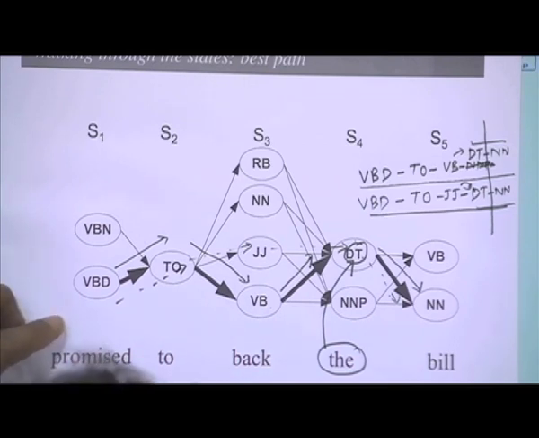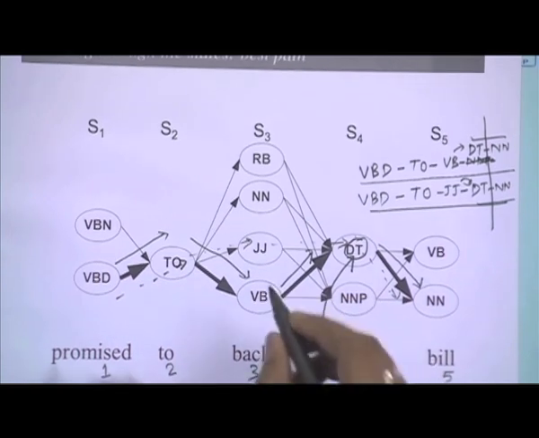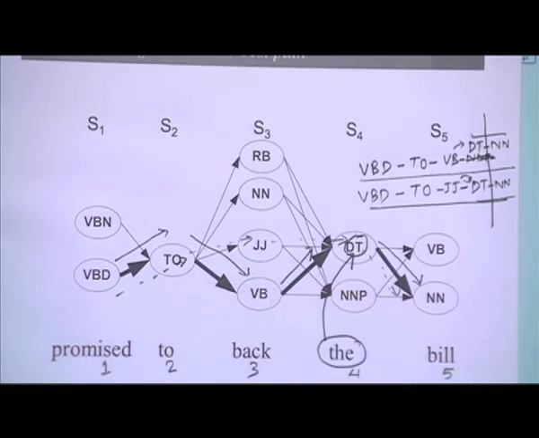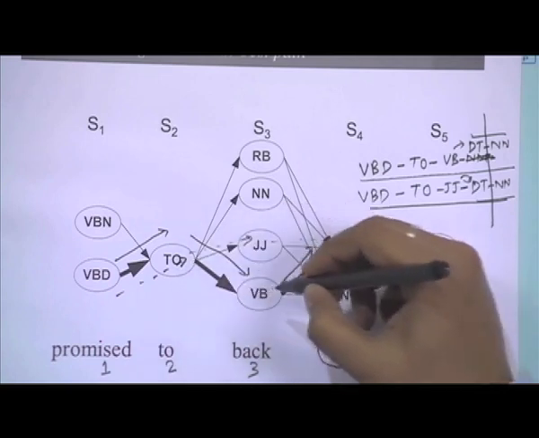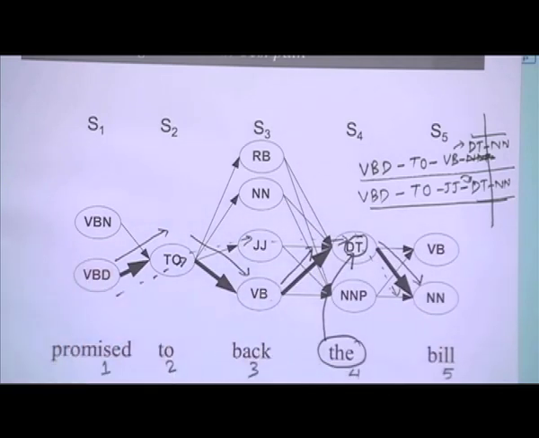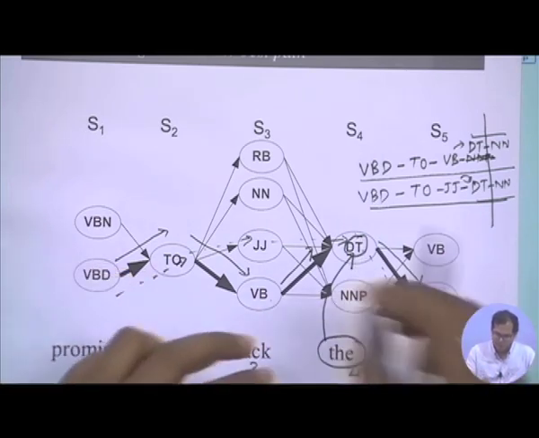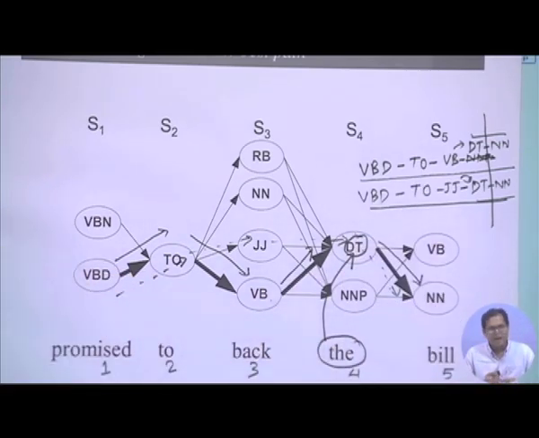Suppose I write them as steps: step 1, 2, 3, 4 and 5. At each step, for each part of speech tag, if I can store what is the best previous tag from which it should come, that is, which previous tag will maximize the probability of arriving at this particular tag, then the computations are shared for the same path and I do not need to repeat the same computations again and again.